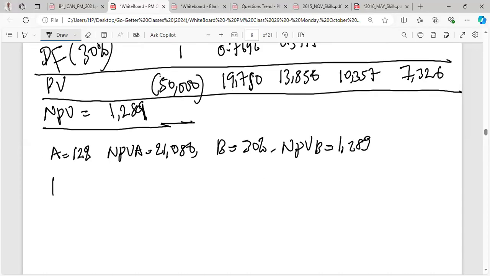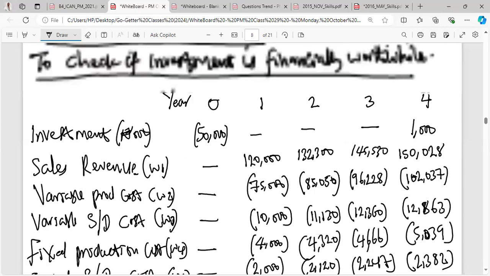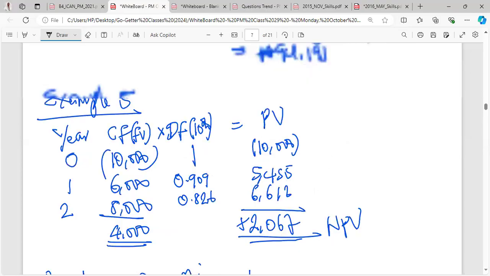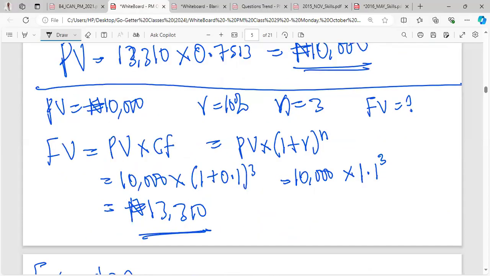Your IRR is equal to, let's see if we have the formula. No, we didn't get the formula here the other time.